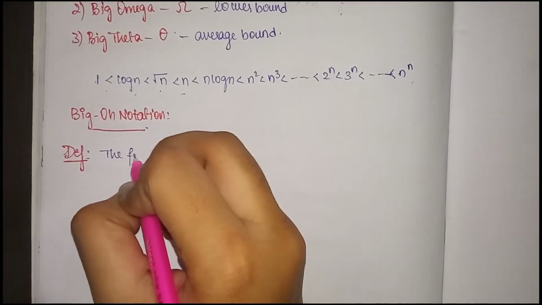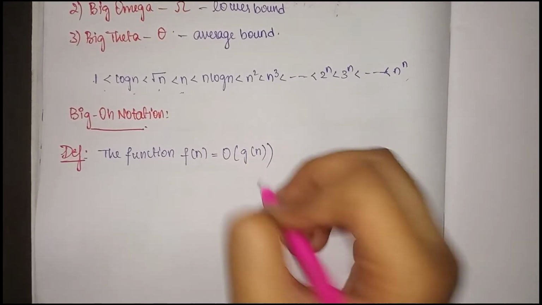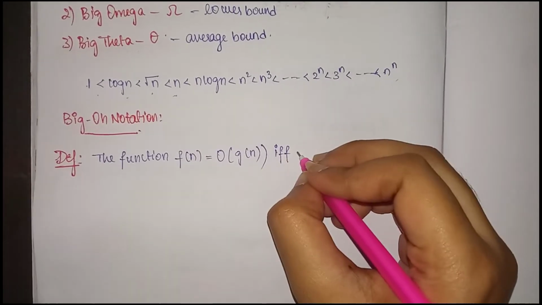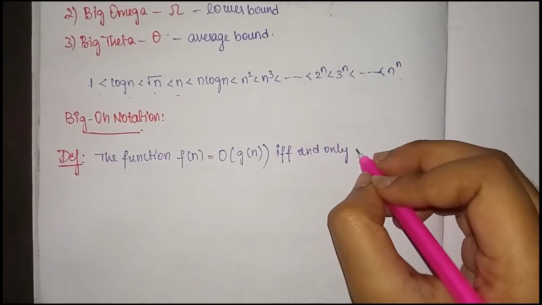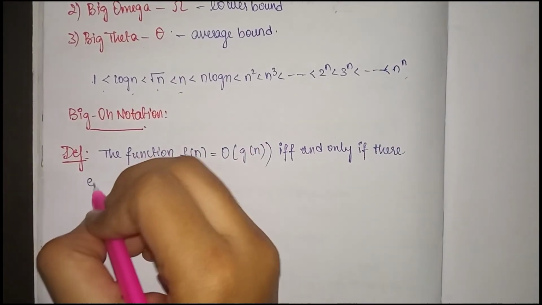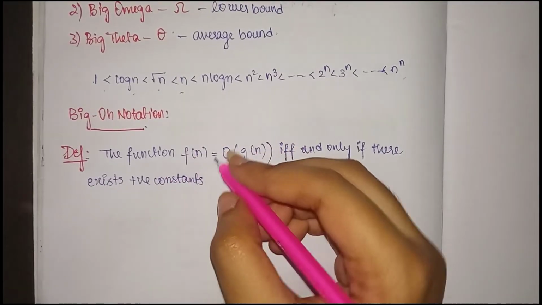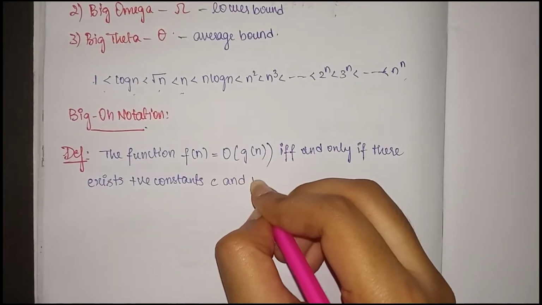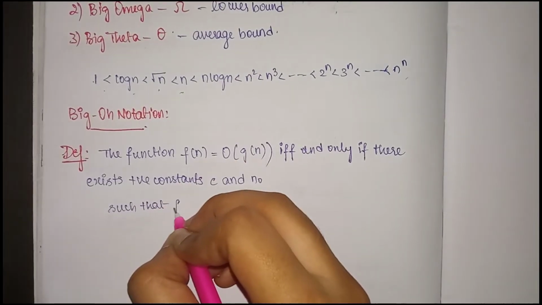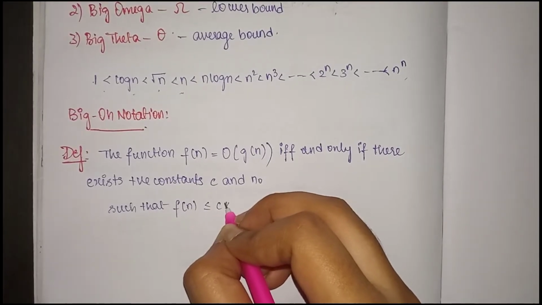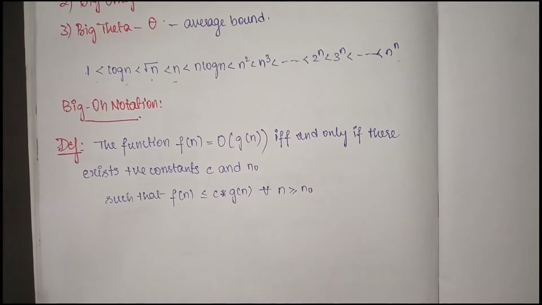The function f of n is equal to big O of g of n if and only if there exist positive constants C and n naught such that f of n is less than or equal to C into g of n for all n greater than or equal to n naught. So this is the definition.